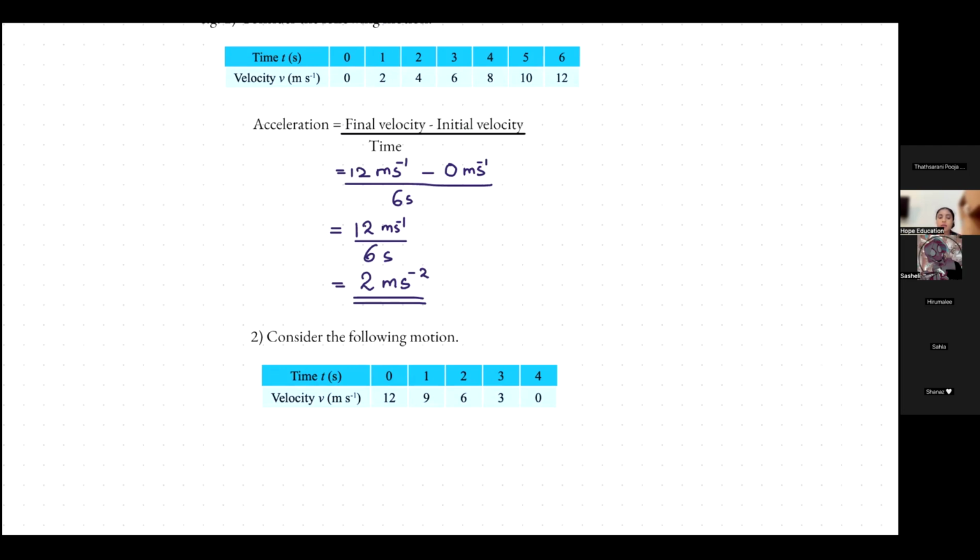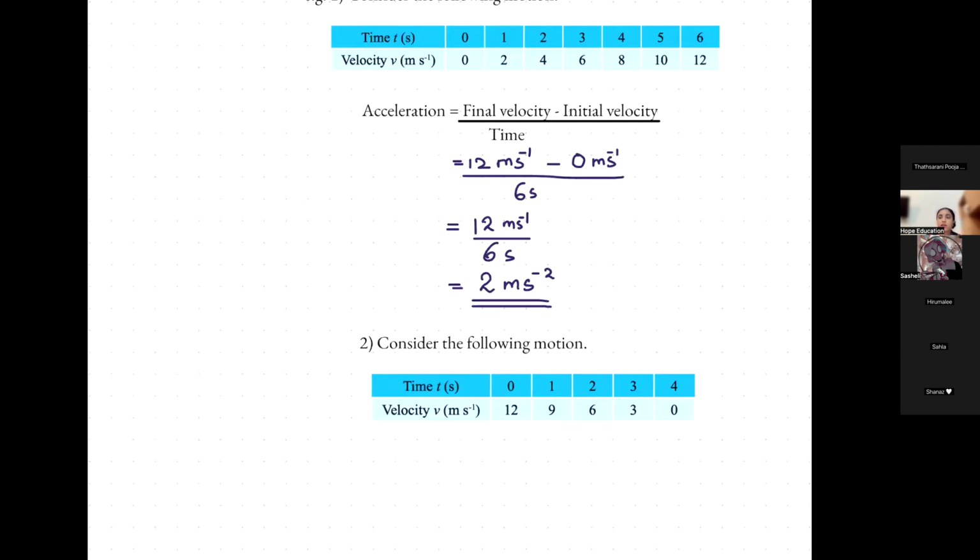Okay, Tatsarani. Then, okay, Sasheli. Okay, Stephanie. If you want, you can just unmute and tell me the answer too. Okay, Sanjana. Okay, Shanaz. Minus 3 m s^-2. Okay, Shanaz.